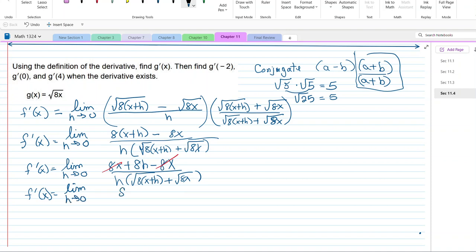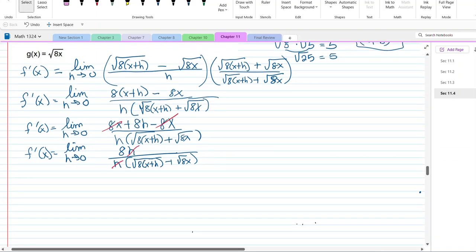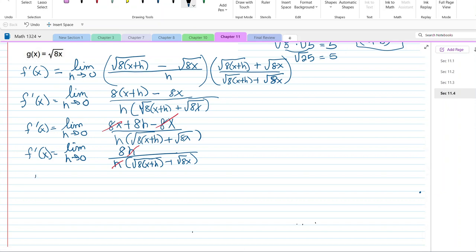I'm going to have 8h times the square root of 8 times x plus h plus the square root of 8x. All right, now we can see that we cancel the h by the multiplication, and we're going to apply the limit now as h approaches 0. So I'm left with f prime of x equal to 8 over the square root of 8x plus the square root of 8x.